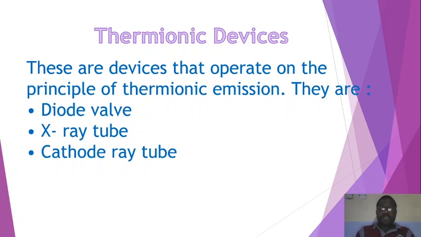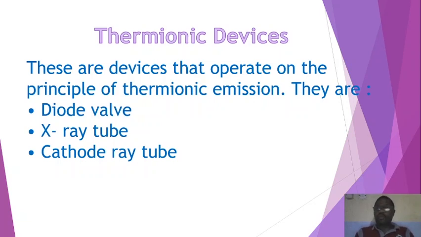Examples of such devices are thermionic diode, X-ray tube, cathode ray tube. You know, it is on the principle of the cathode ray tube that the cathode ray oscilloscope is constructed and designed.